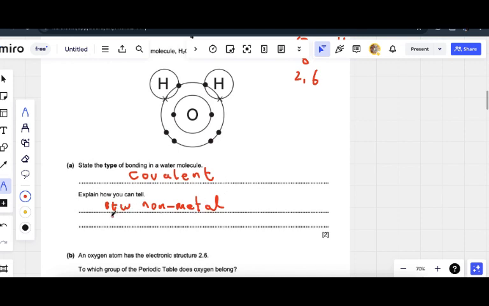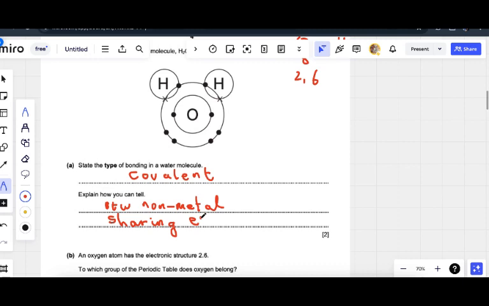So to get your second mark, you say they are sharing electrons. No one is donating and giving to the other one.